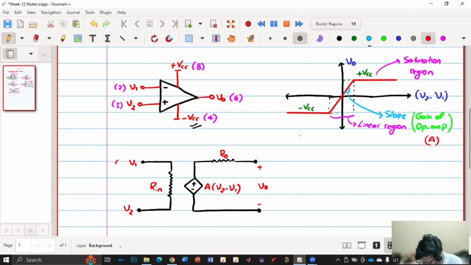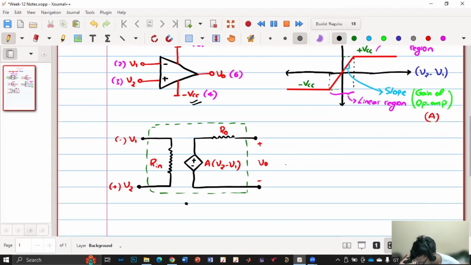So this is our inverting terminal, and this is our non-inverting terminal. We are giving V1, V2. If I draw a box, this box is the op amp, and all the values are with respect to some common ground.